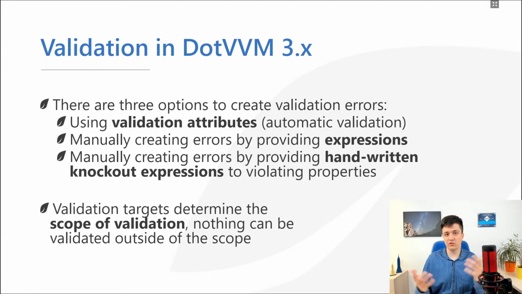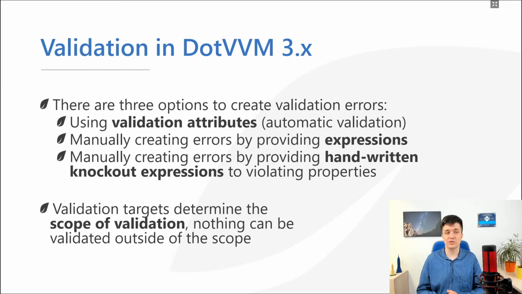And this is also perfectly fine to do, because based on some backend logic running on your server, you may discover that something is not right and you need to attach some errors manually.